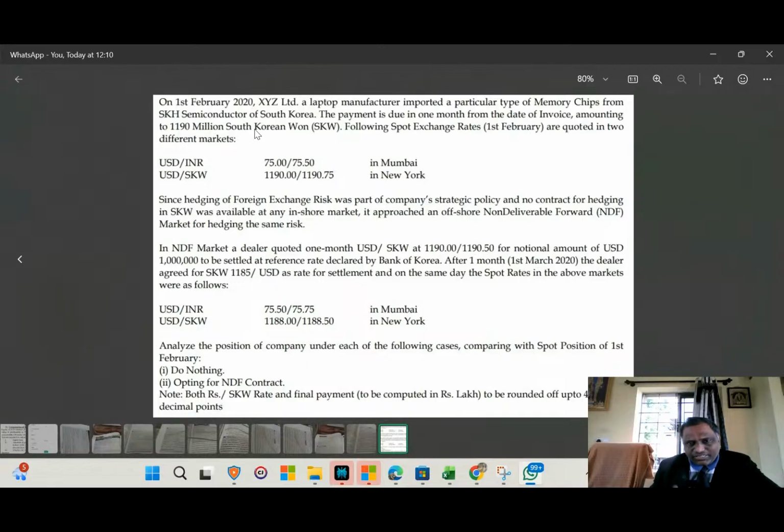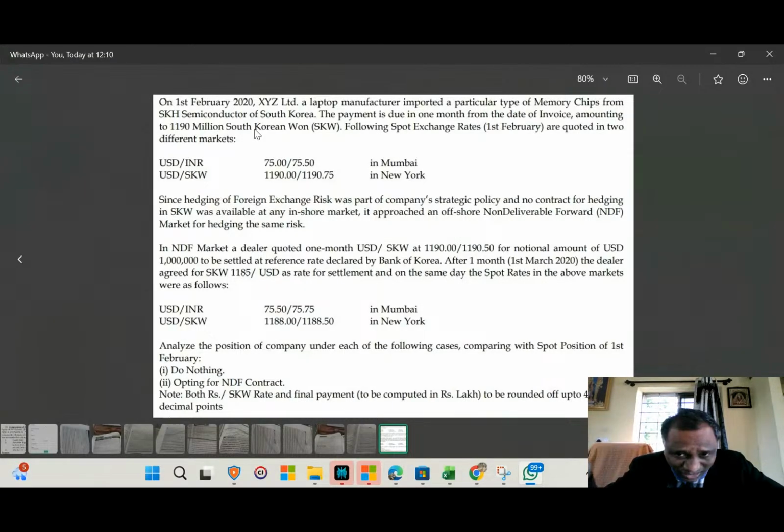If I give 1 lakh dollars, I am going to get 1,190.5 lakhs of South Korean won.